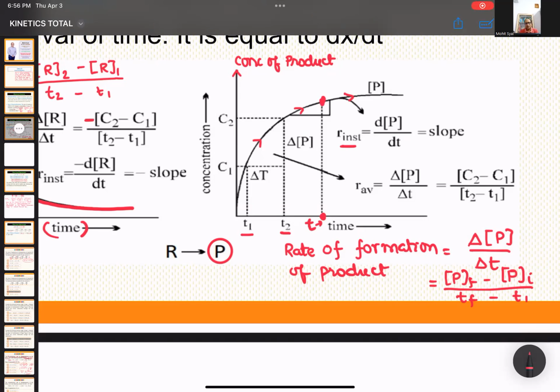So there you can measure the slope of the tangent. Slope of the tangent is calculated by differentiation, as you said very correctly. Change in concentration of product, dP by dt, is going to give you the instantaneous rate of formation.